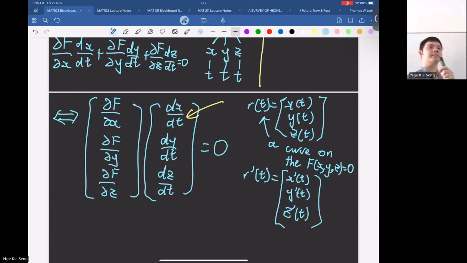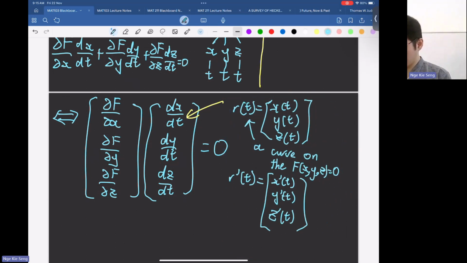There are a few ways to write it. I can also name it r1(t), r2(t), and r3(t), three components. I split r(t) into three components.